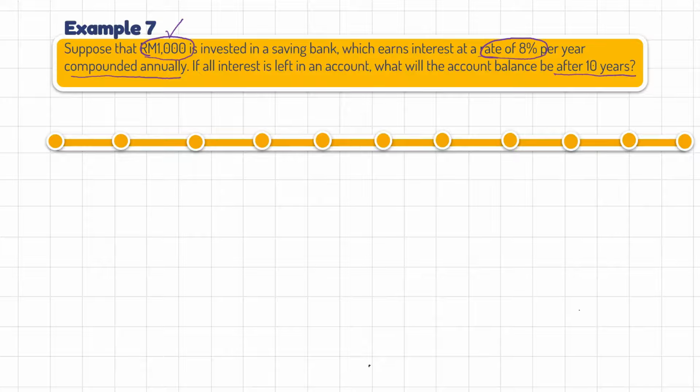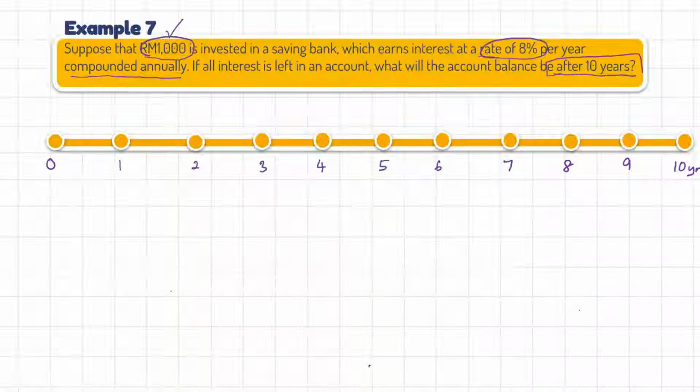So this will be our timeline, where here we have 0, which is present, 1, 2, 3, 4, 5, 6, 7, 8, 9, 10 years. Why 10 years? Because the question states 10 years. So here we have 10 years timeline.